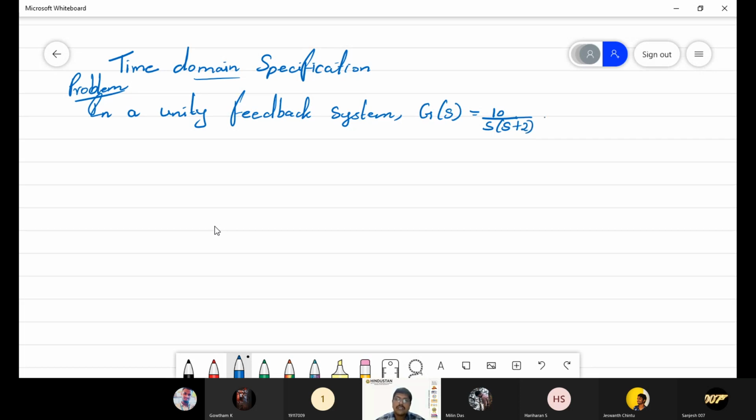So the G(s) value is given. Let us see what the other values in the given data are, so that we can find the time domain specifications.